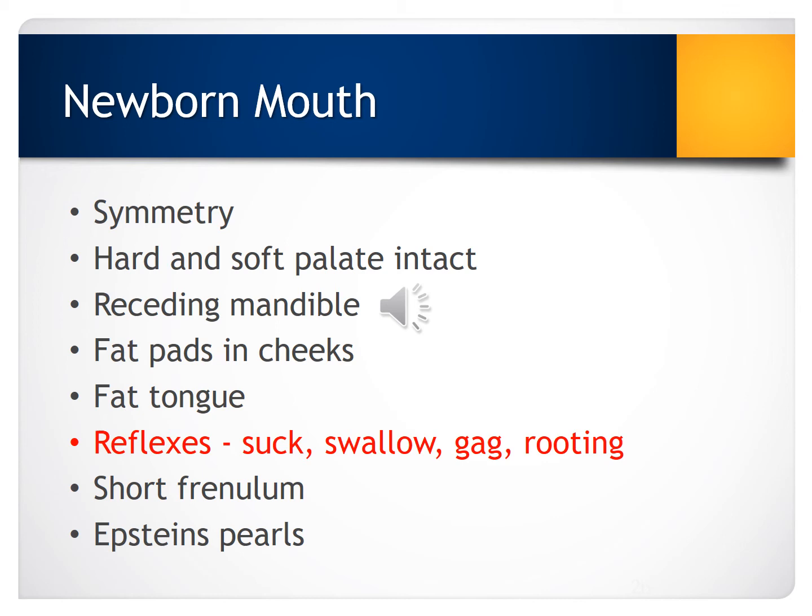So, for example, if you're listening to or attempting to listen to the heart rate, and the baby begins to squirm or fuss, with your clean gloved hand, you can insert your finger, and not only are you eliciting the suck reflex, the swallow and the gag reflex, but you also can move your finger around to feel the soft and hard palates, checking for any cleft palate, meaning any opening or disfiguration of that hard palate at the top, the roof of our mouths.